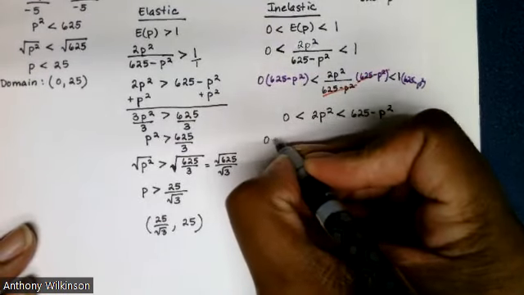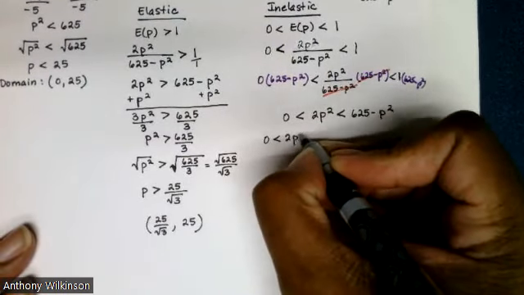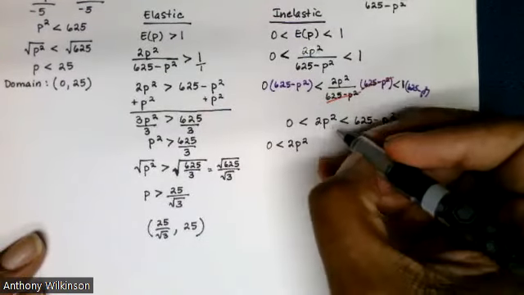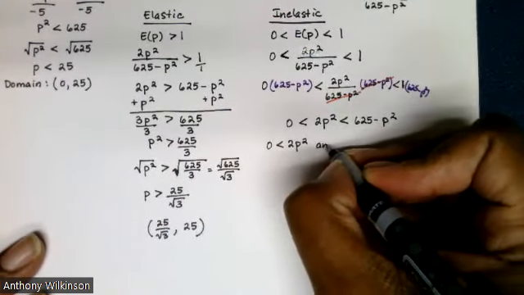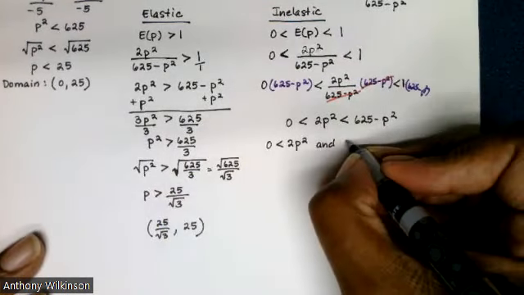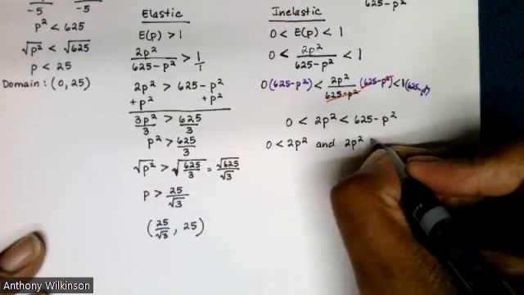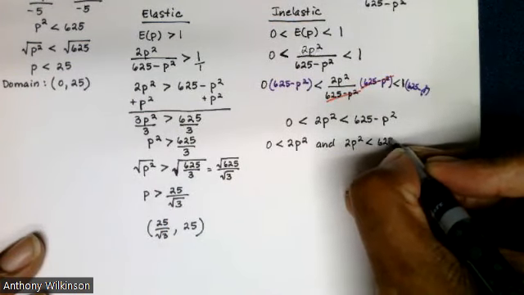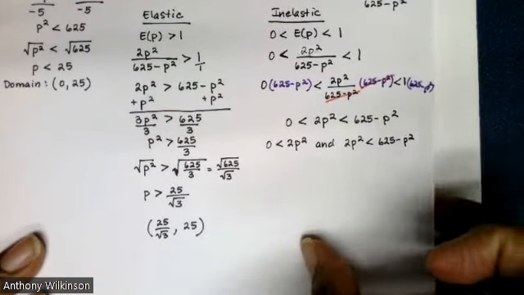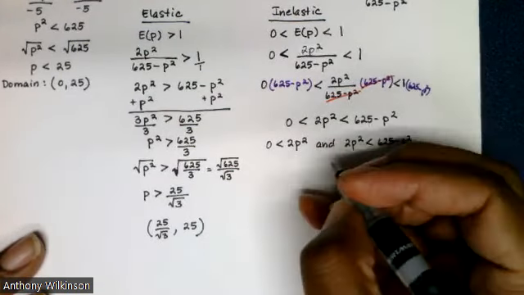One will be this: 0 is less than 2p squared. That's this part. And then the other one, this part right here, 2p squared, less than 625 minus p squared.